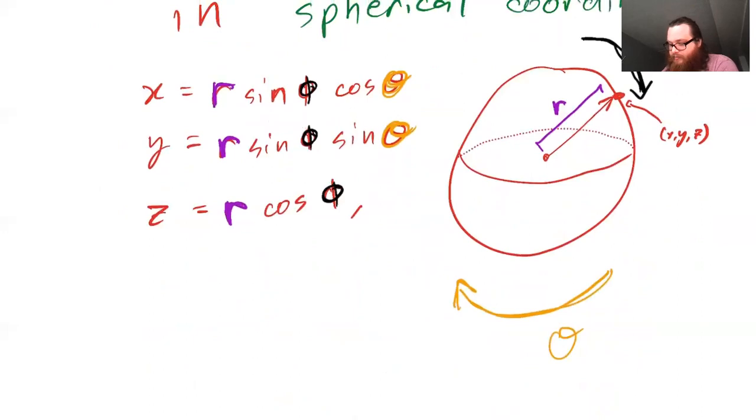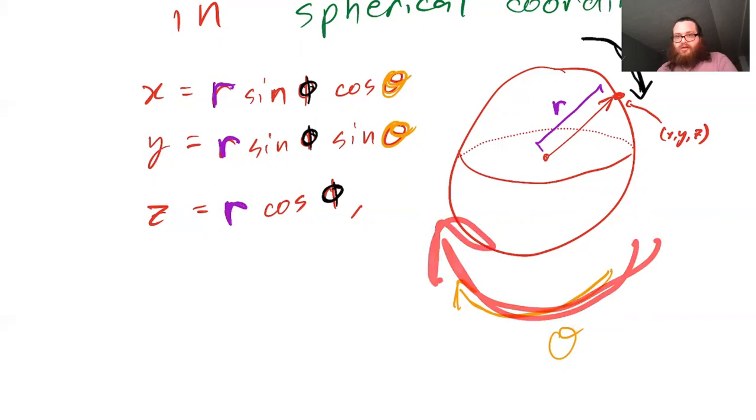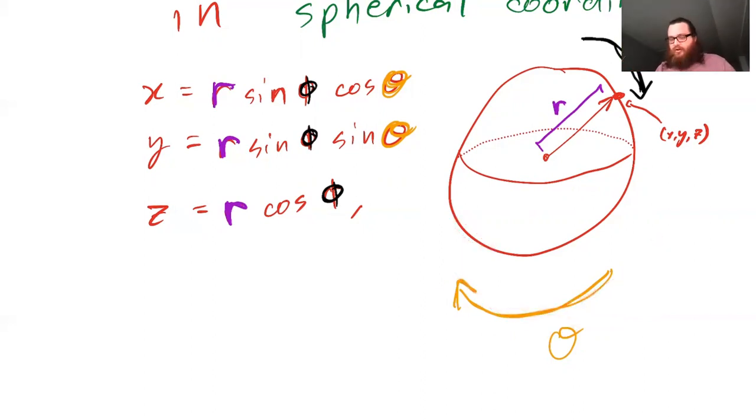Generally, or at least in the coordinate system we'll use, theta refers to this sort of rotation around. So where I'm facing right now, theta would be 0. As I start to turn, theta would be increasing until I get all the way to 2 pi.